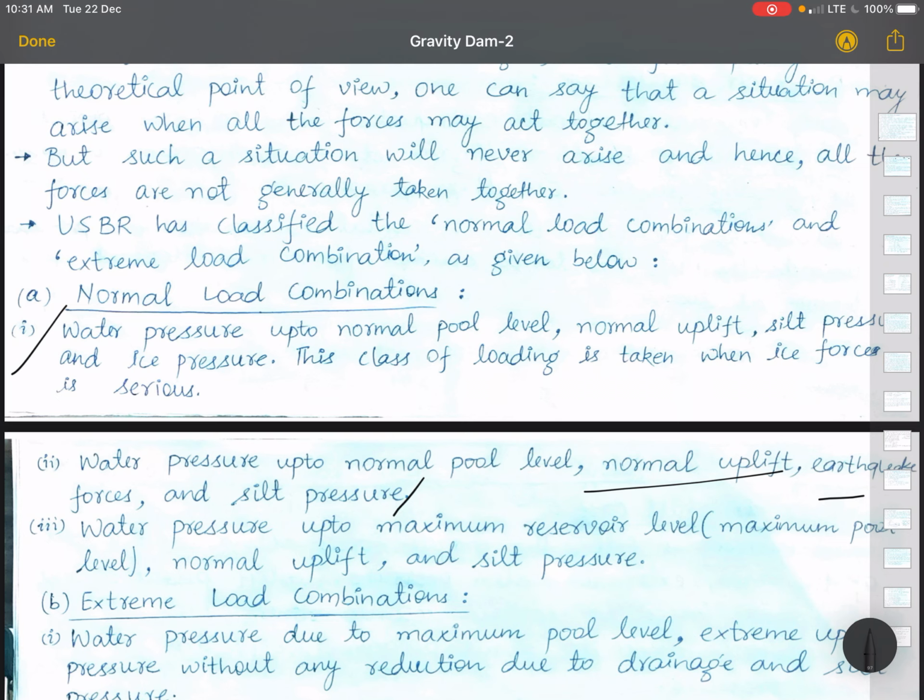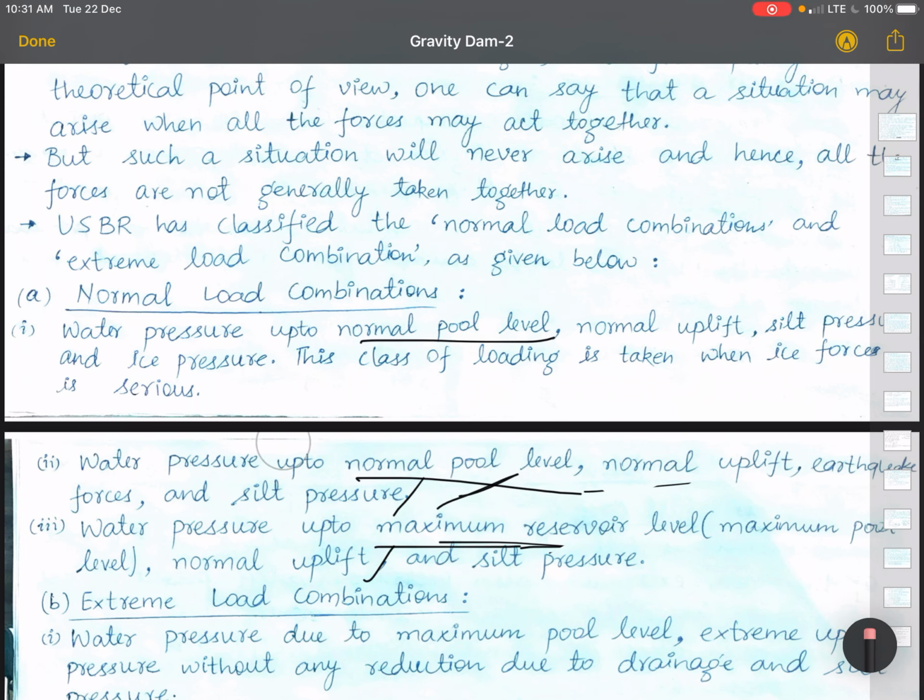Here we are not taking ice force. The third combination can be water pressure up to maximum reservoir level, normal uplift and silt pressure. Here we are not considering ice and earthquake, because we have taken the maximum reservoir level, while in the first two we have taken normal pool level. These are the various combinations which are prescribed.